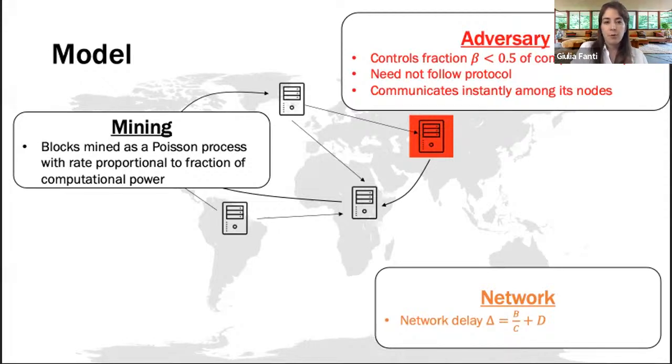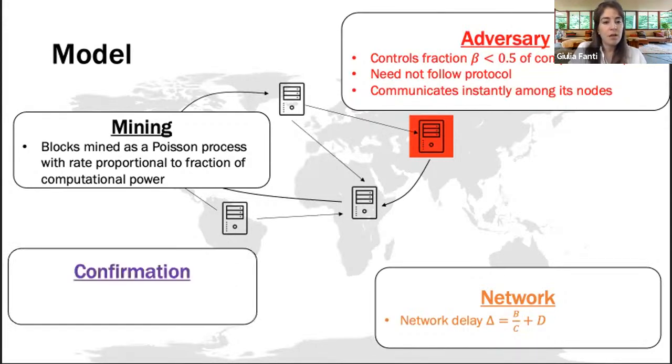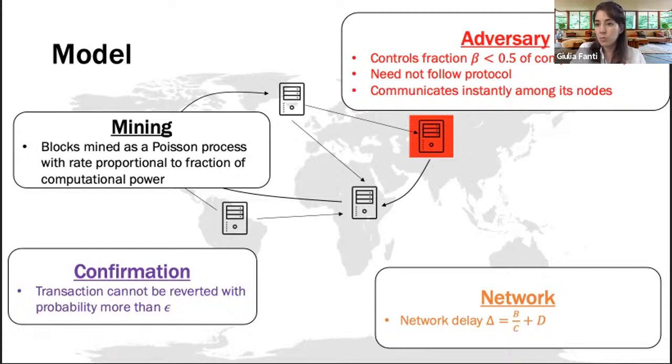So if we're mining at a total rate of f blocks per second, the adversary is mining at a rate of beta f blocks per second. Confirmation is defined as an event where the transaction cannot be reverted with probability more than epsilon, and this is worst case over all adversarial actions. Okay, so this is our model.